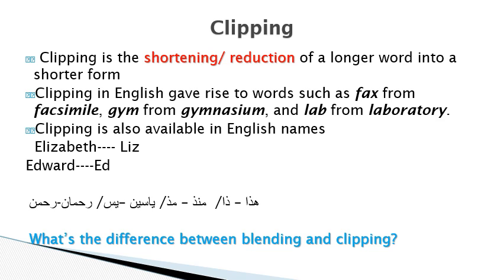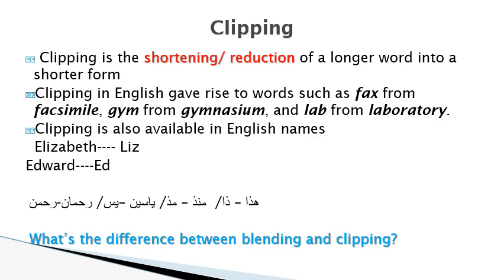Clipping in English gave rise to words such as fax out of facsimile, gym out of gymnasium, lab out of laboratory, lit out of literature. Is it only restricted to names of jobs, names of topics, names of disciplines? No, names of people are also clipped.